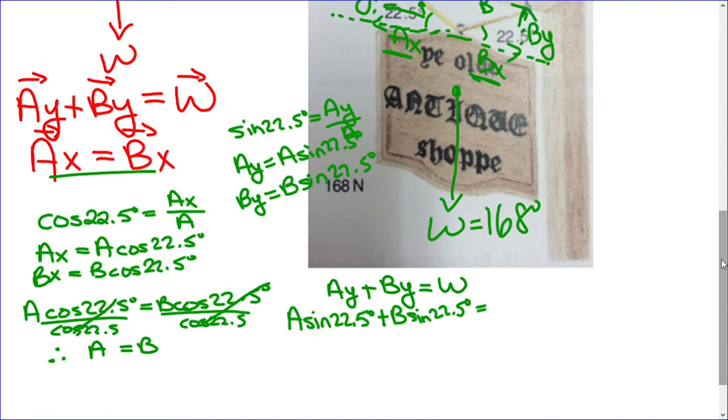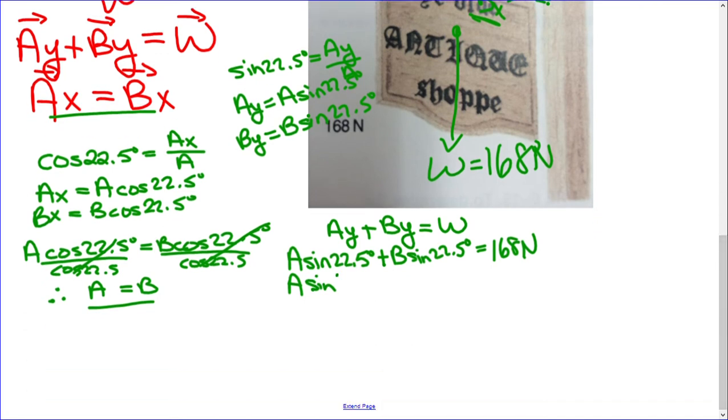We know the weight was 168 newtons pulling down. So we also know here that A equals B. So really that means that I have A sine 22.5 plus another A sine 22.5, because I'm just going to substitute A for B, equal to 168 newtons.